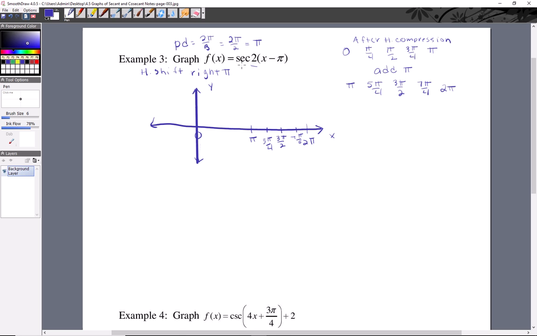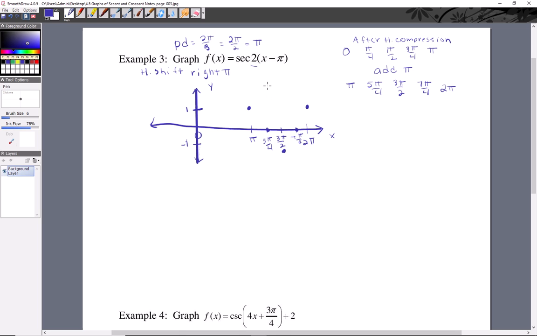Secant, remember, is set up with a foundation of cosine, so there is no stretching or shifting vertically. So we'll just do from -1 to 1. And remember that if we're doing the cosine underpinning for this, it's going to be high, middle, low, middle, high.